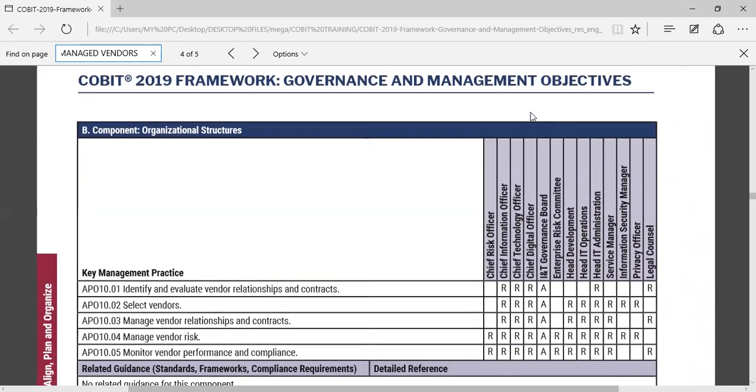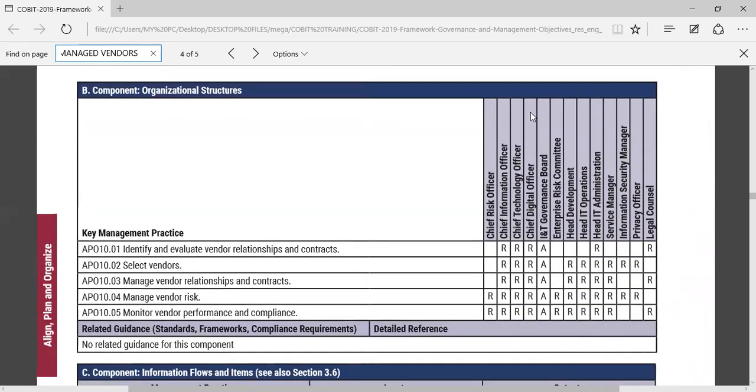COBIT also makes recommendations on organizational structure. Now, like I said, we have 5 management practices. You can see them here, APO 10.01 to APO 10.05. COBIT also makes a recommendation for each of the management practices. You have to assign accountability to one person, and responsibility to others, to ensure that that management practice is running effectively in the organization.